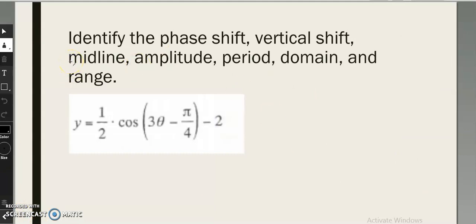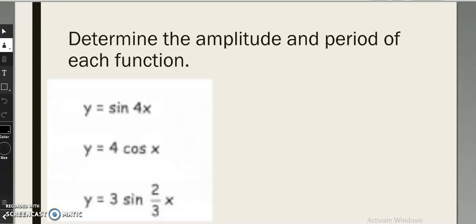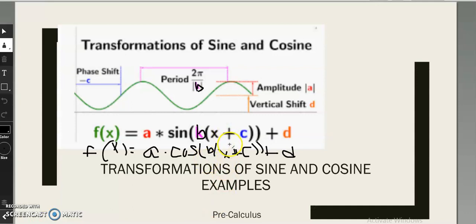Let's do another example. It says identify the phase shift, vertical shift, midline, amplitude, period, domain, and range. So the phase shift is my negative C value, and this is my C value. It's already negative, so let's go back to the formula just so you can recall. It's usually plus C. I want the negative of that.